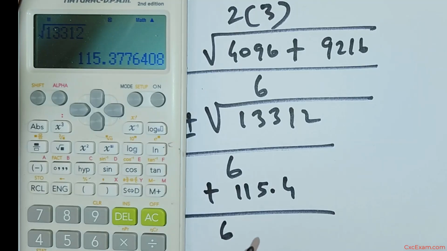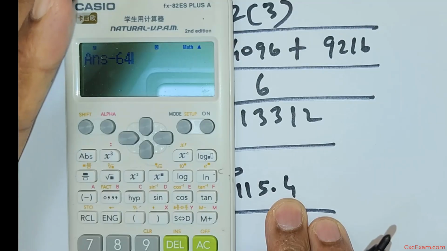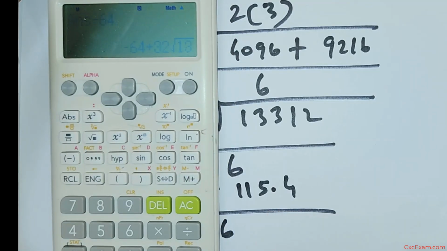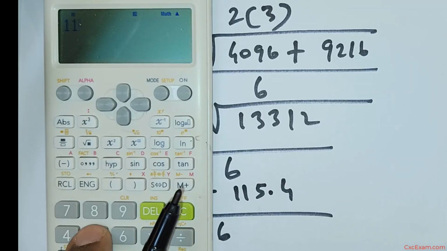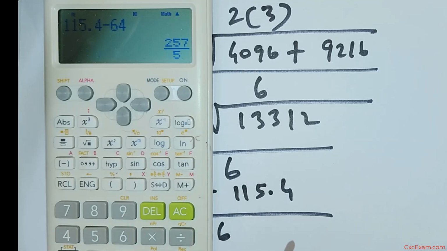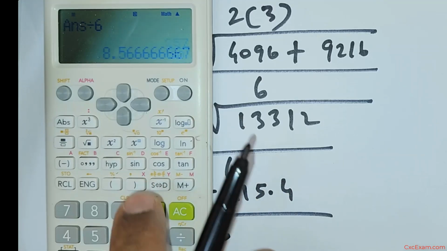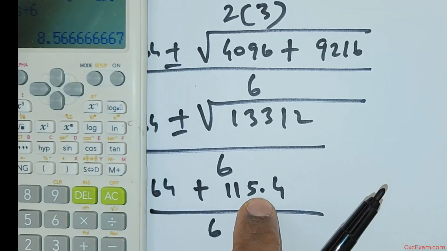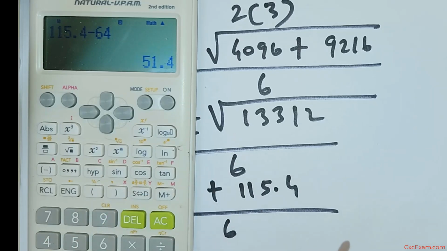So I am taking away 64 from it. 115.4, you take away 64. This is what you're getting, and you divide by 6 and get 8.56. Let me check one more time. 115.4 minus 64, you get this.